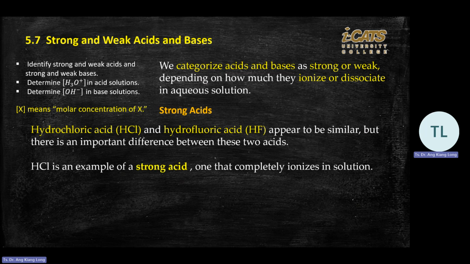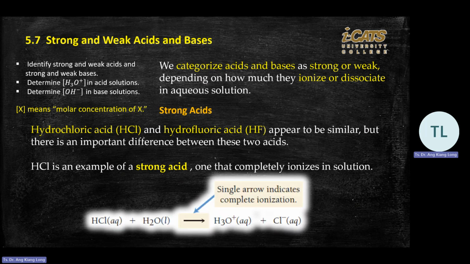If they are strong, they completely dissolve or ionize themselves. Ionize means HCl completely 100%, 1 mole will break into 1 mole of H plus and 1 mole of Cl negative. In chemical equations, you will see a single arrow.